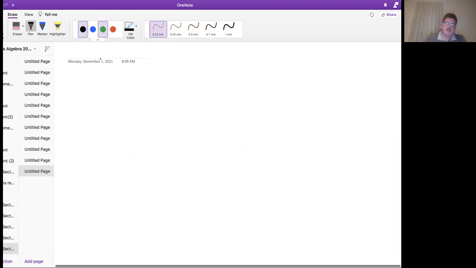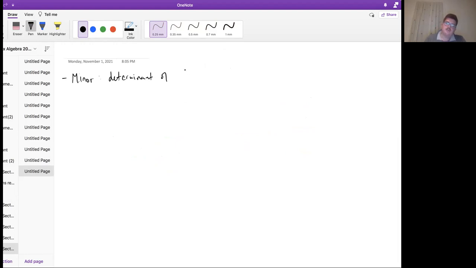Okay, so let's think about expanding our notion of determinant to higher dimensional matrices. Just recall, we have our minor: the minor of Aij is the determinant of Mij. So it's this deletion of the ith row and jth column.